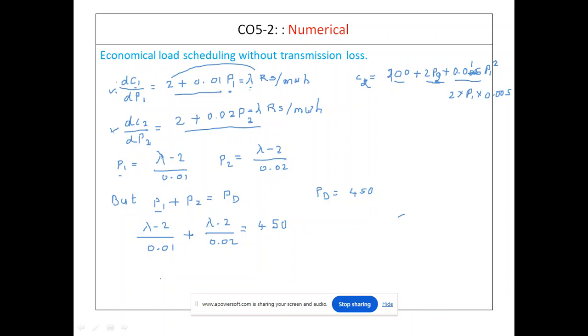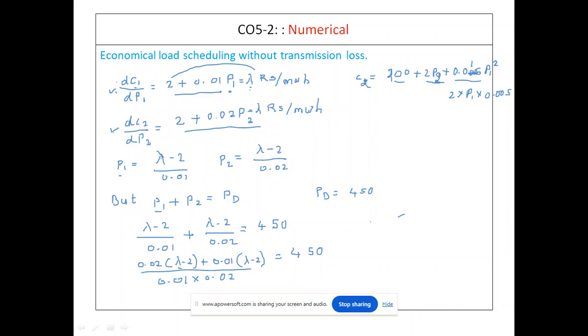So if you take LCM, it will be 0.01 into 0.02 divided by 0.02 into (lambda minus 2) plus 0.01 into (lambda minus 2), equal to 450. Now you solve this equation for lambda.